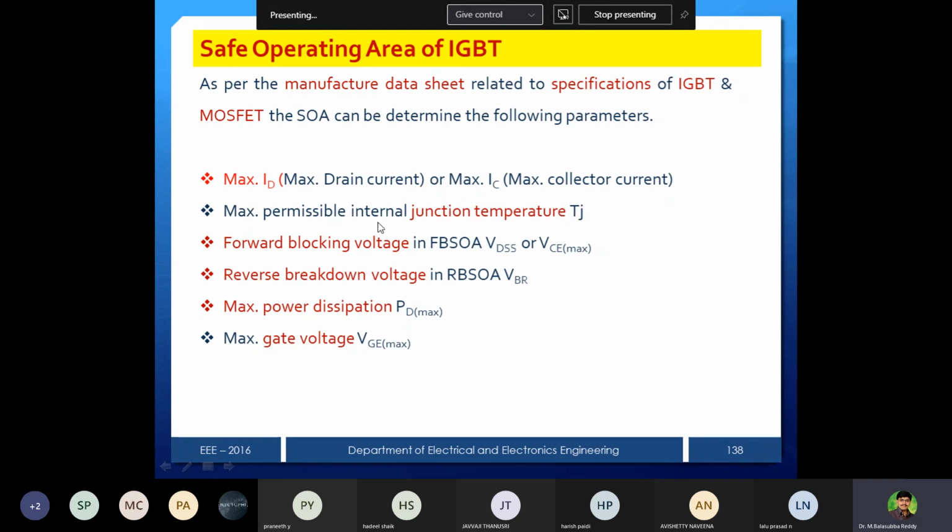Then the permissible internal junction temperature, the forward blocking voltage and reverse blocking voltage, maximum power dissipation and maximum gate voltage. These are the parameters we need to consider for the safe operating regions.